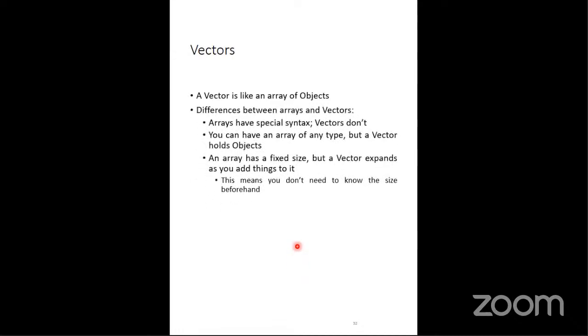What is the difference between array and vector? Array has a special syntax, that is the square bracket. If you want to access a particular element, you have to specify the index in that square bracket. Vector doesn't have any such special square bracket symbol. Just like how you use round brackets with other methods and classes, you use those round brackets with vector, no special syntax.